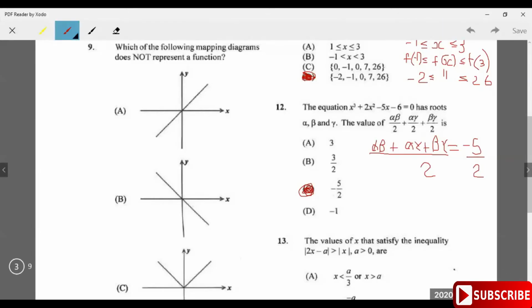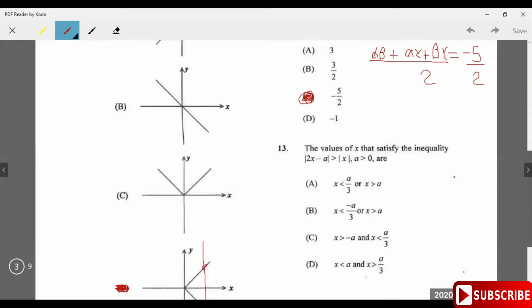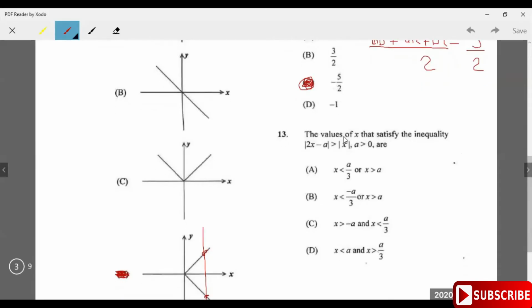All right. Question 13. Question 13 asks us, what are the values of x that will satisfy this inequality? All right. So first thing, we need to get rid of the modulus. To get rid of the modulus, we have to square both sides. So we have (2x minus a) all squared, and that's greater than x squared.